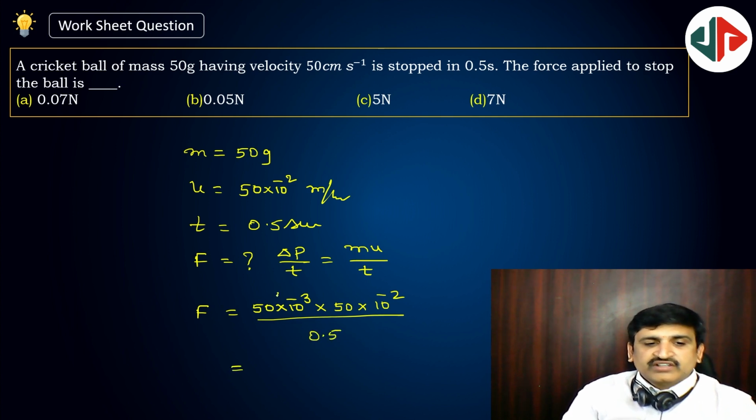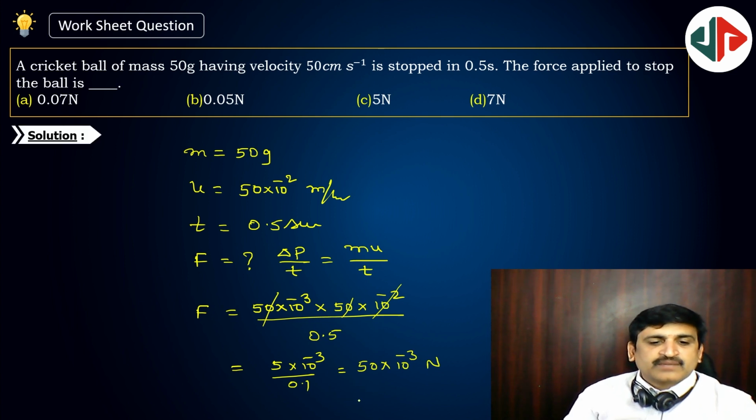The zero gets cancelled, 5 fives, 5 into 10 to the power of minus 3 by 0.1. So this is 50 into 10 power minus 3 Newton, which is 0.05. So option B will come there.